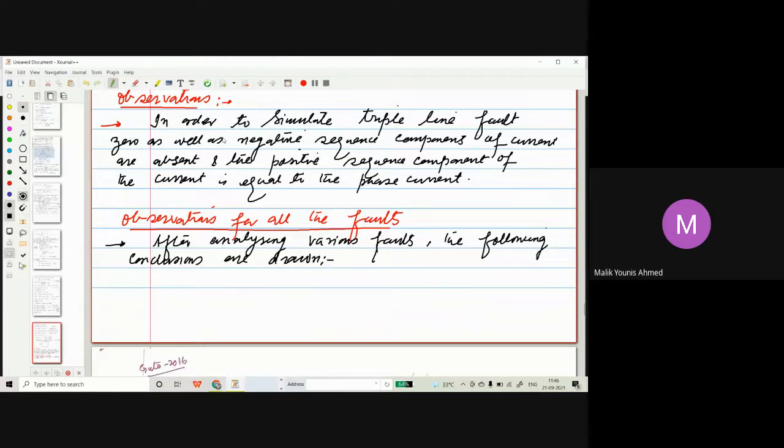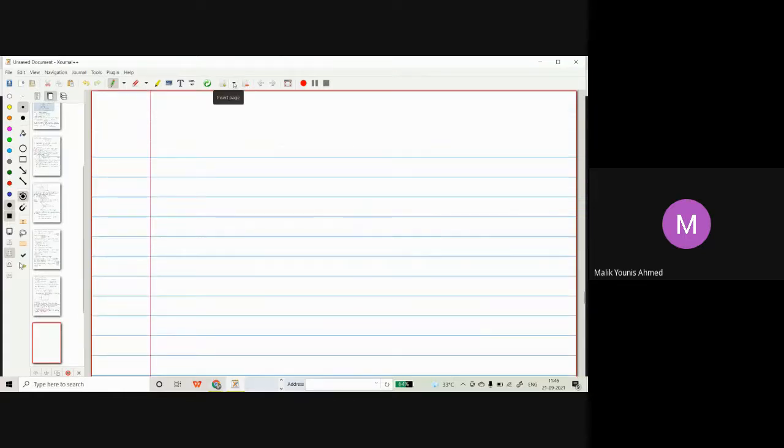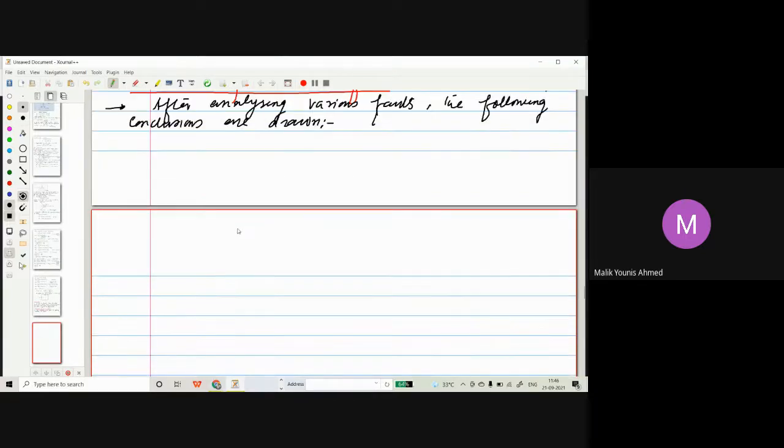A question can be simply asked. Let me add a page. What are the conclusions we can draw? Number one conclusion is positive sequence components are present in all types of faults. So there is no problem.